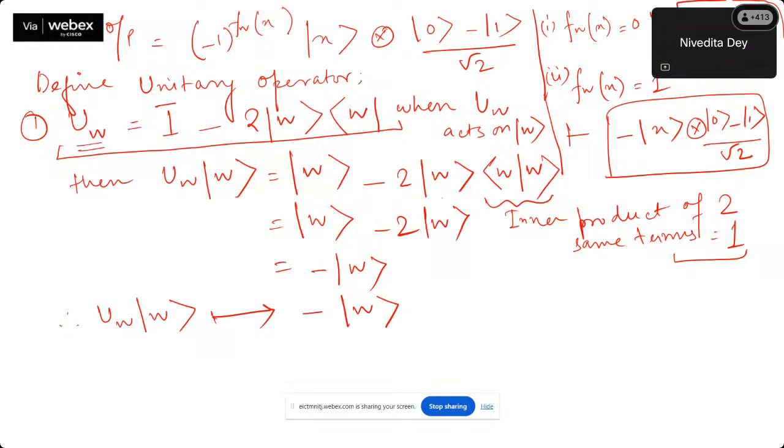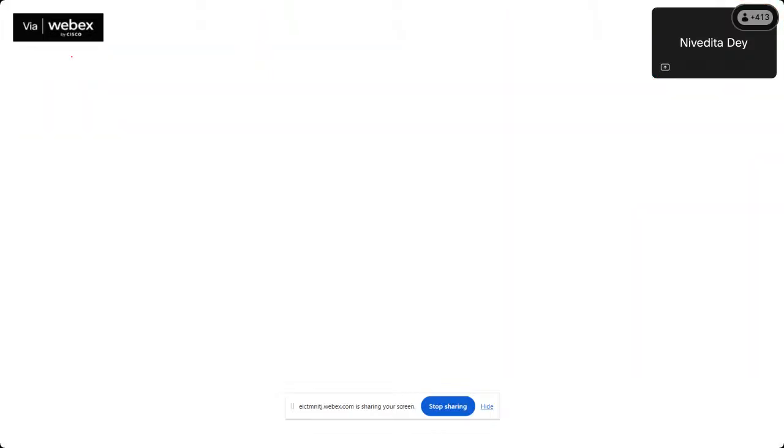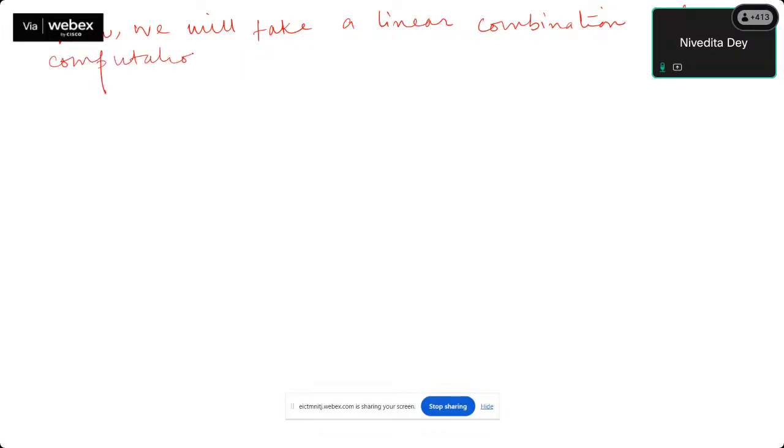Now, what will we do? Now we will take a linear combination of the computational basis of all of our inputs.